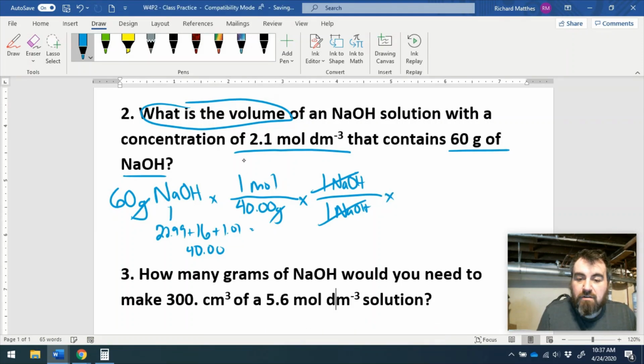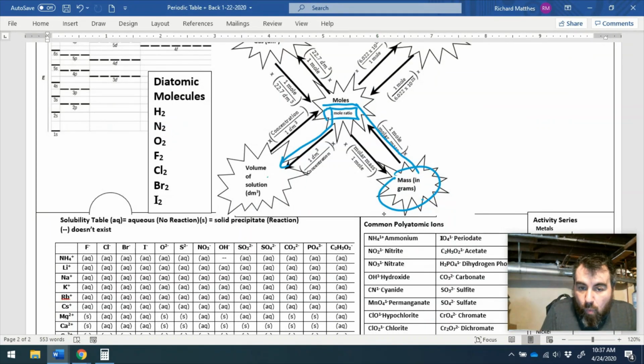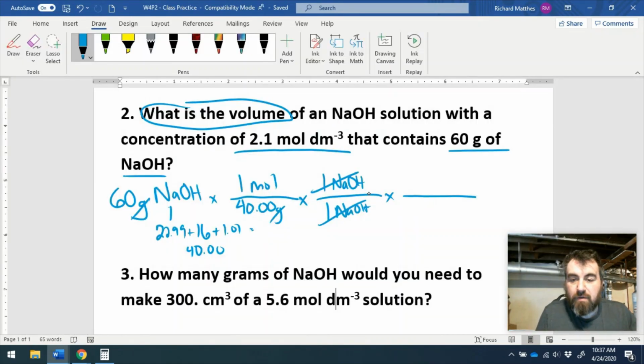Okay, and then we will times, and see what it says here. We have to go 1 decimeter cubed over the concentration. Okay, so we're going to put 1 decimeter cubed on top over 2.1 mole on the bottom. See, we flipped it over, the opposite of what we did on the last problem.